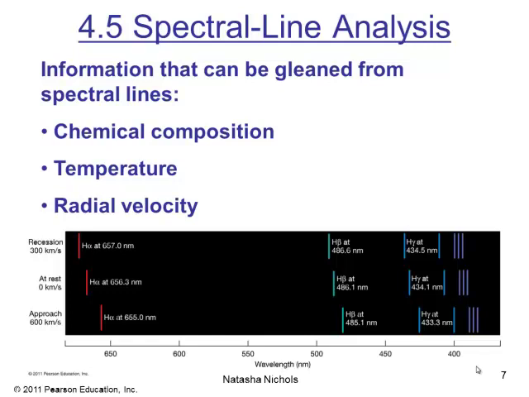Once we recognize the spectrum as that of the hydrogen atom, we can identify specific lines and measure their shifts. The amount of the shift, in this case 0.1%, tells us the object's recession velocity, 0.001 the speed of light.